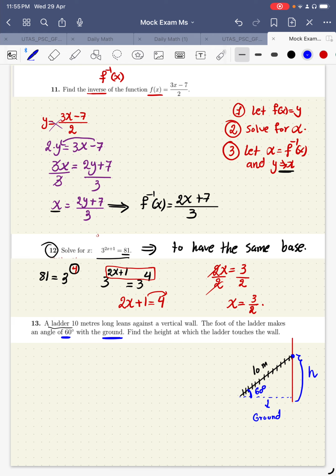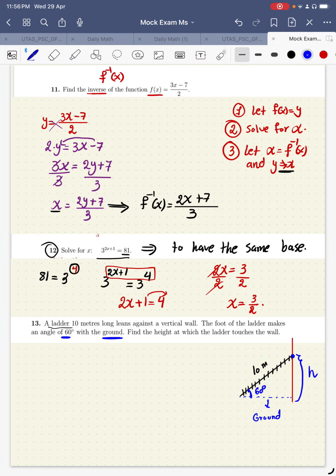So now that's my situation, that's my visualization of the problem. Now let's think about it. I have the length of the ladder, which in that case I have a right triangle and 10 meter is my hypotenuse. So now I will think about a relationship between h and 10. So in that case what is h? What is facing the angle? The opposite. So h gonna be my opposite.